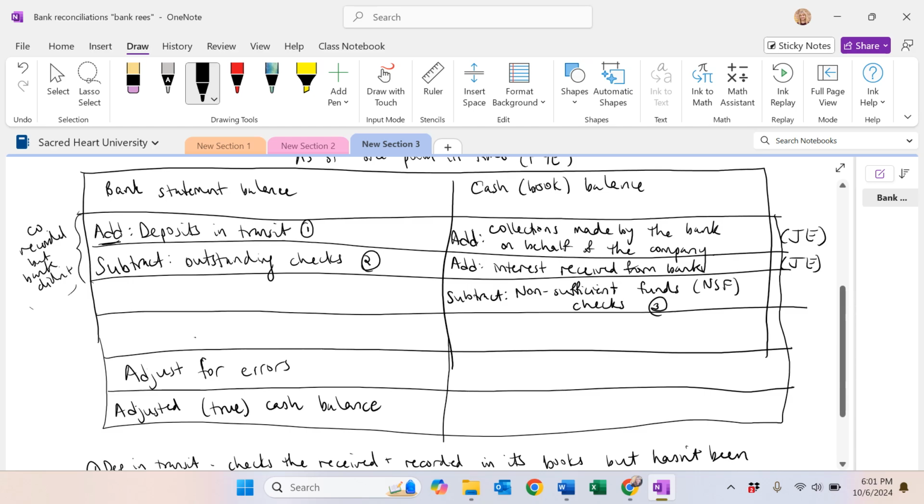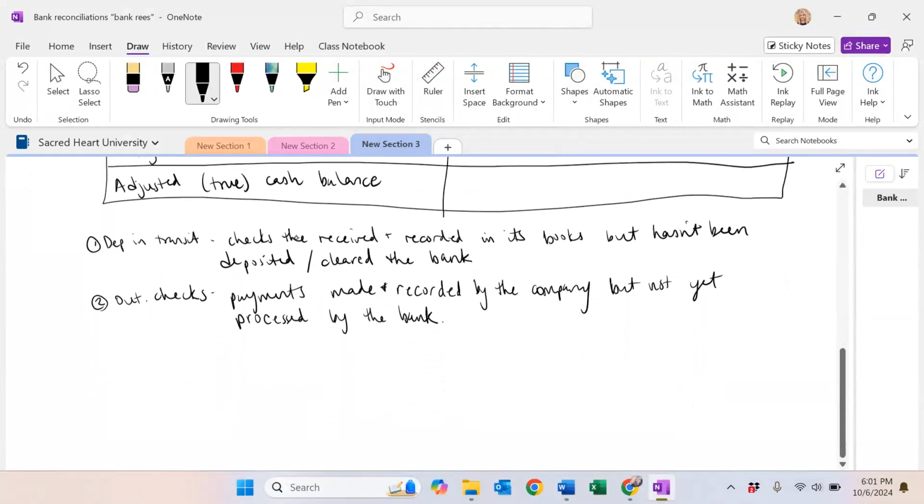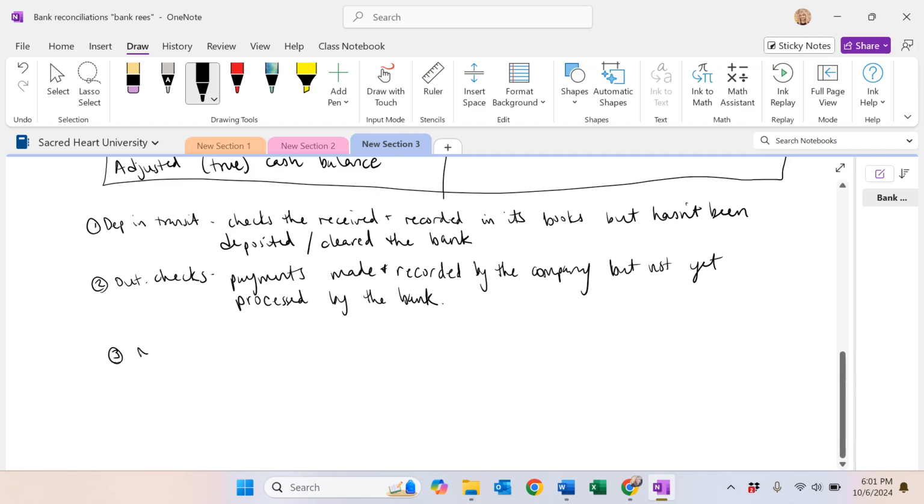Okay, let's add a little definition here down below. What are NSF checks? Checks the company received and recorded. But they did not deposit.